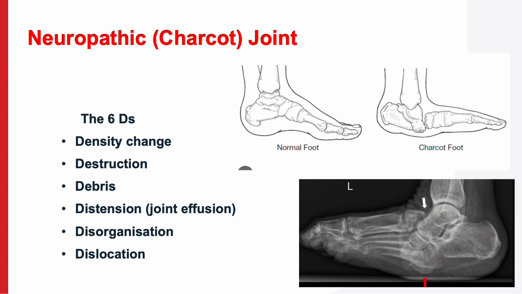Once again, radiologists love ways of remembering things. So, 6 Ds. They stand for density, so increased density or sclerosis; destruction, or bony destruction; debris, or loose bodies within the joint; distension from a joint effusion; disorganization; and dislocation.